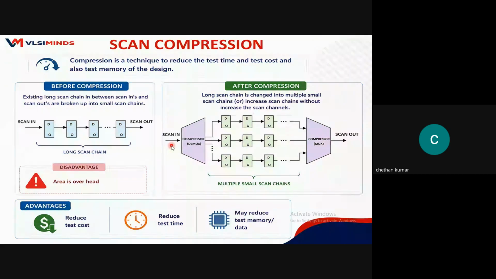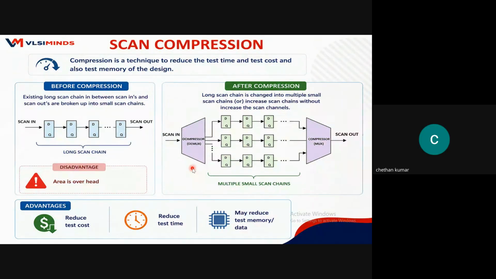For example, if the number of EDT channels is still more, then we go with EDT controllers. For each set of channels, we have one controller, which we get with complex designs. And if the design is still very complex, then we go with SSN technology, that is scan streaming network.